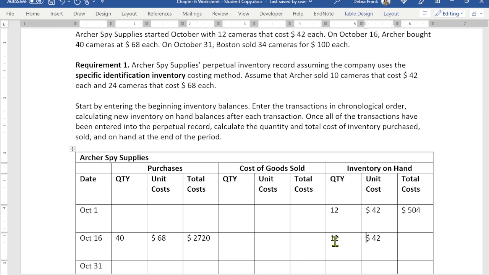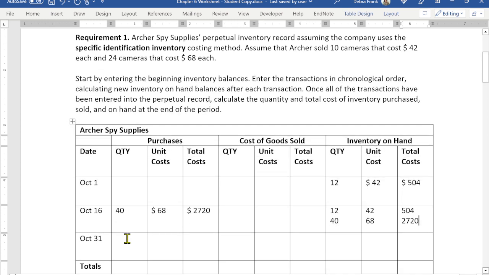I'm going to get rid of the dollar signs just to make it easier since we started them with the dollar signs already. And then right after that, we have 40, and that was at $68, and that total amount. There you go.